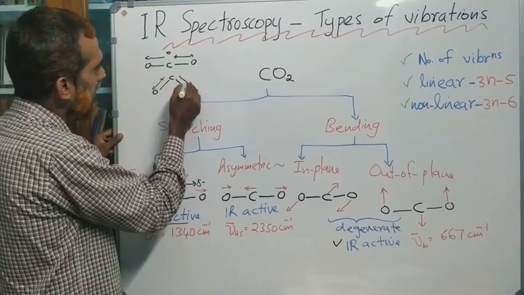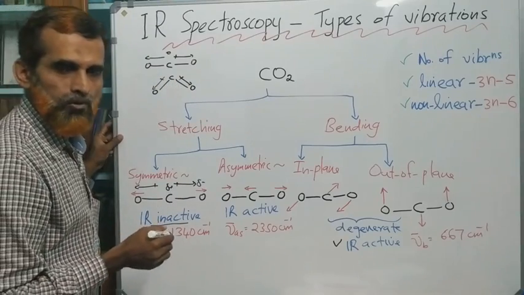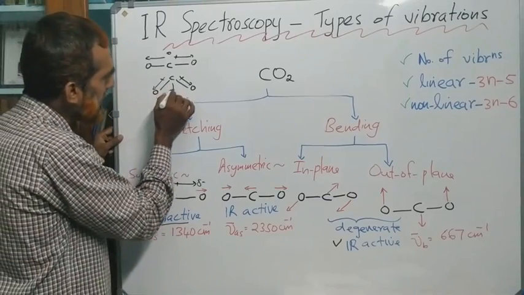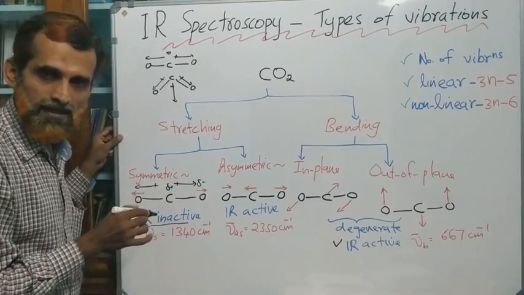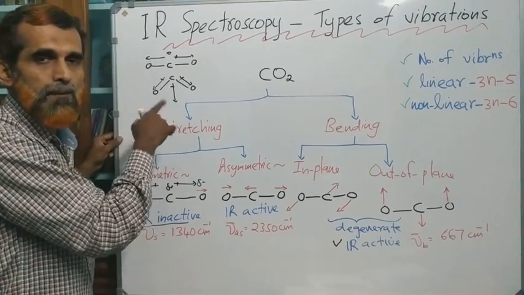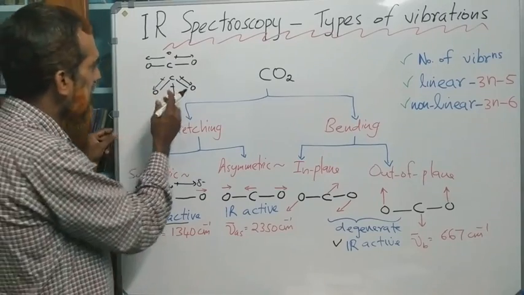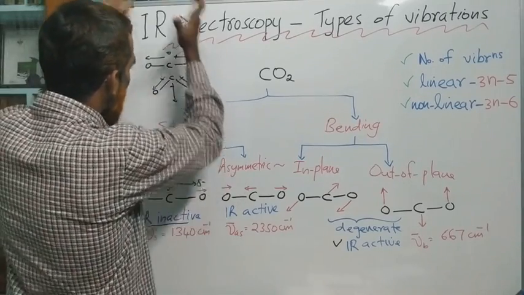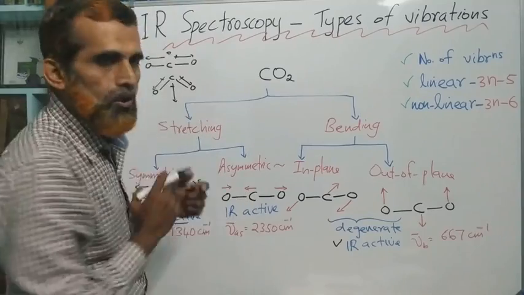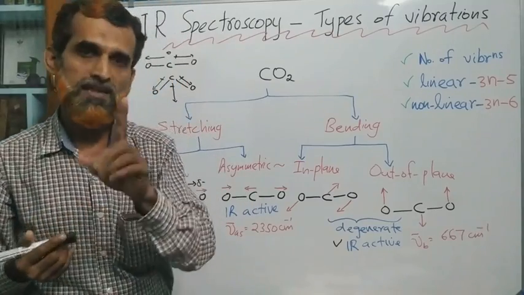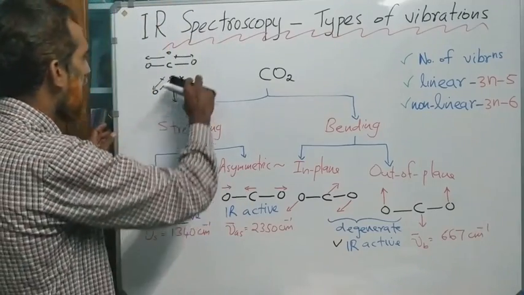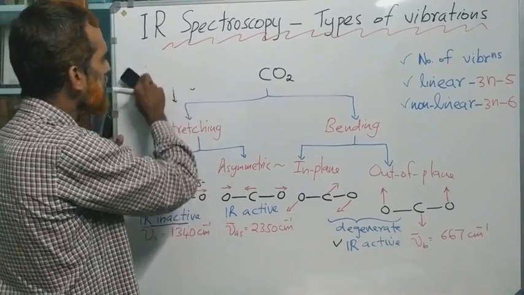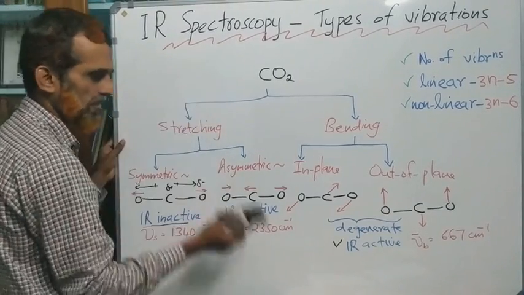The vector sum, the resultant vector, there will be a resultant vector now in this direction, correct? So there is a polarity now for the molecule. Now when it goes back and then goes up, then the dipole will go in the opposite direction. So there is fluctuating dipole, and it is IR active. So CO2 bending vibration is IR active.